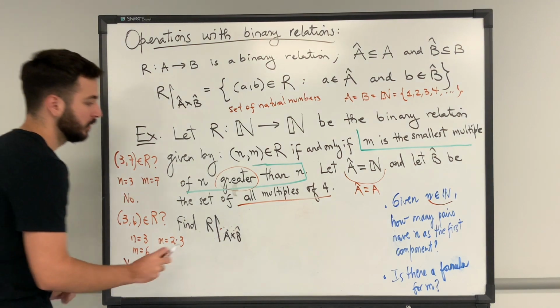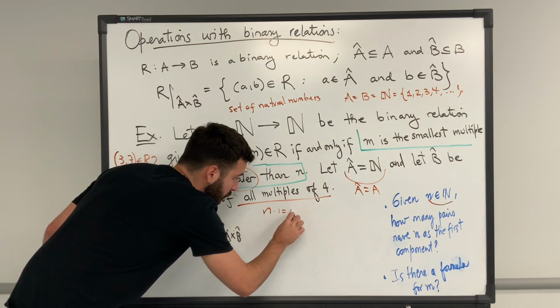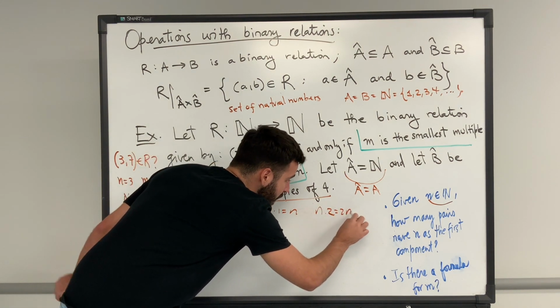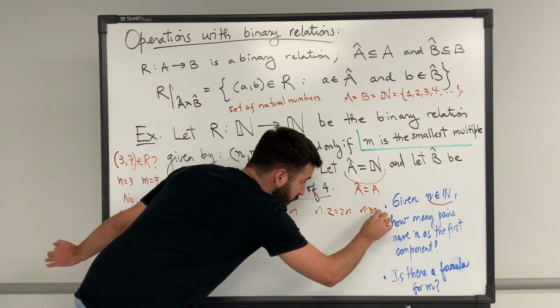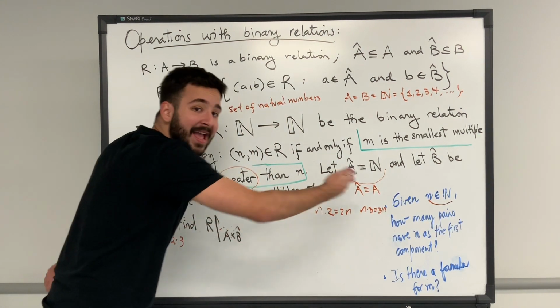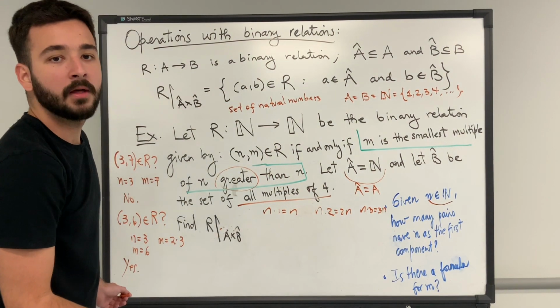For instance, we can multiply n by 1, by 2, by 3, and we can keep going by any natural number. All those are going to be multiples of n.